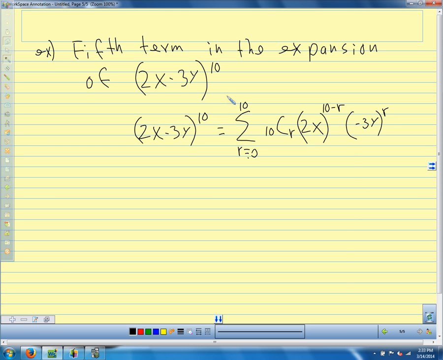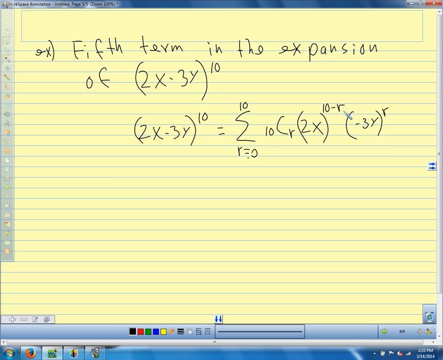And we want the 5th term. So for the 5th term of that expansion, what is r? Since r starts at 0, the 5th term is going to be when r equals 4.